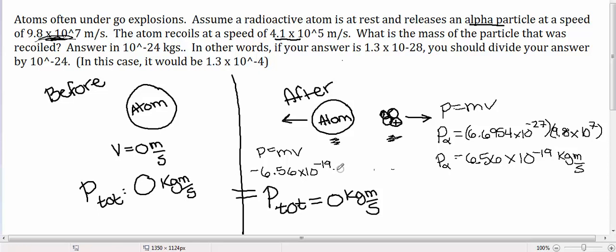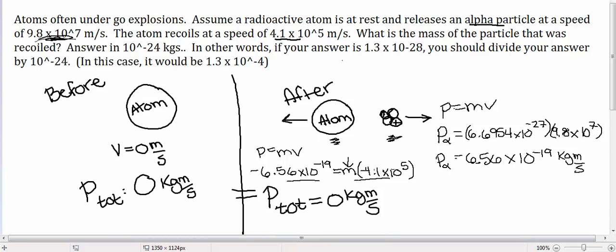And that's going to be equal to the mass of this atom, which I don't know, which is what we're looking for, multiplied by the velocity. And in the problem, it tells us that the velocity is going to be negative, because it's going to the left, 4.1 times 10 raised to the 5th. Now I'm going to divide both sides by this velocity to solve for my mass.